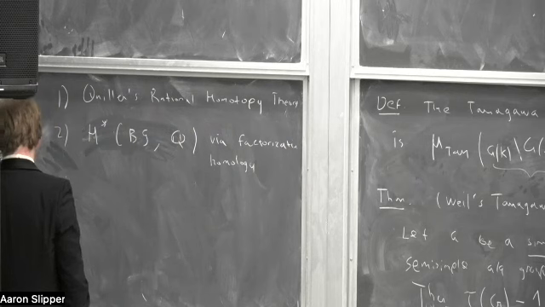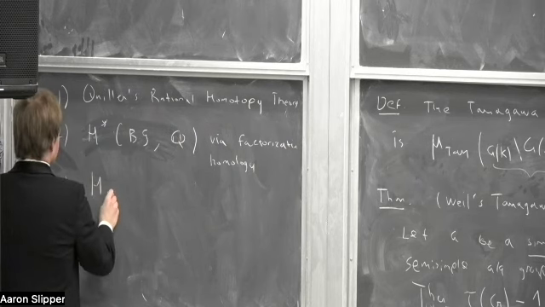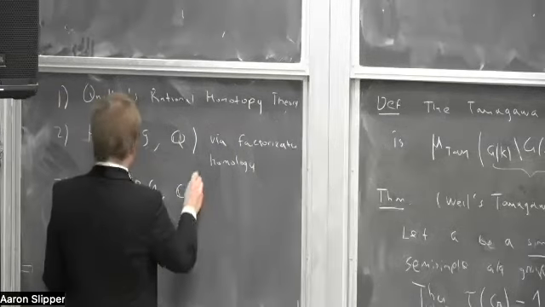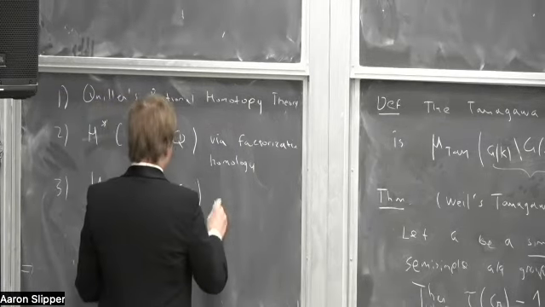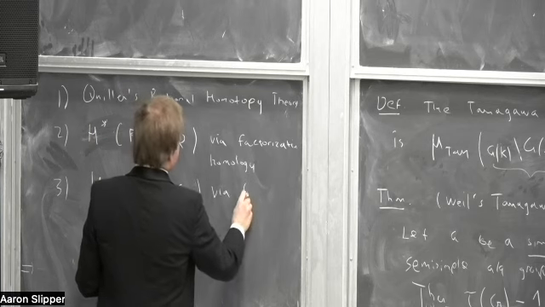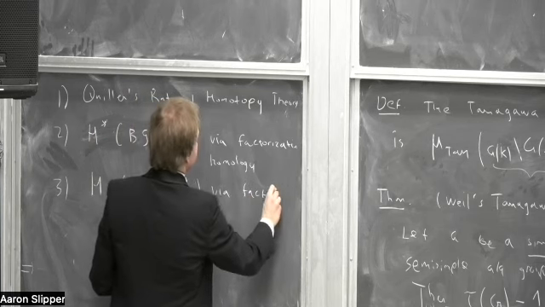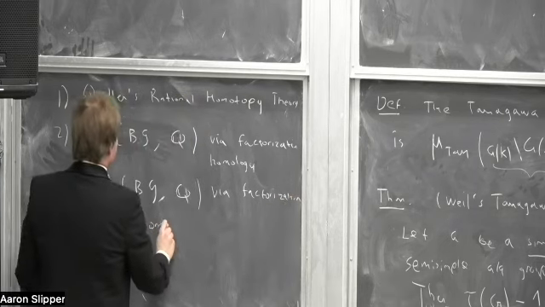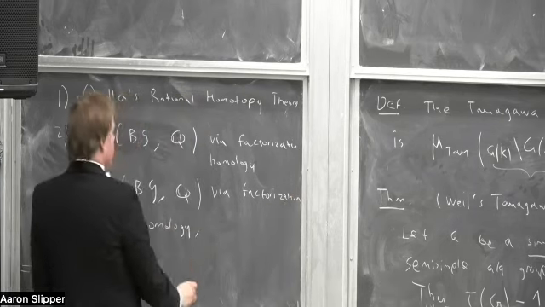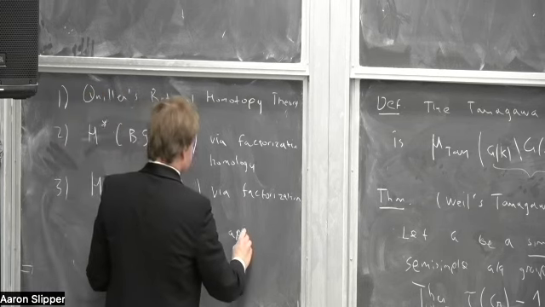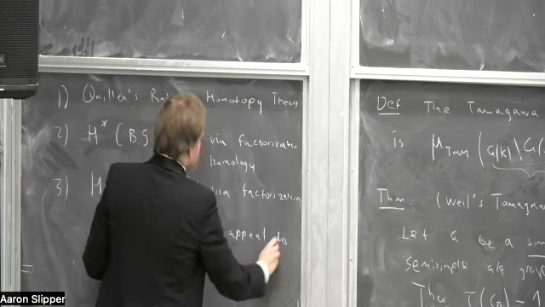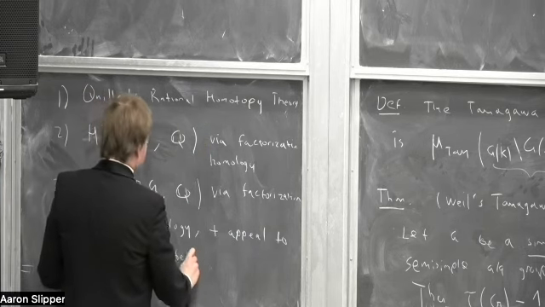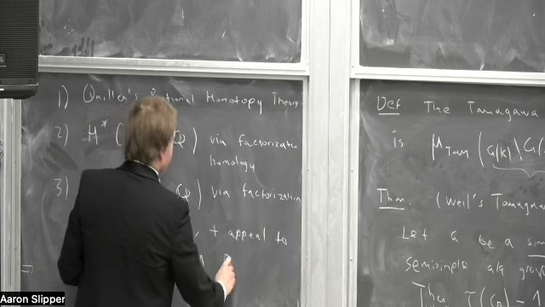And then three is we compute the homology of BG, coefficients of Q, via factorization homology, and then appeal to a non-abelian, this I think is again due to Lurie and Gaitsgory, Poincare duality.